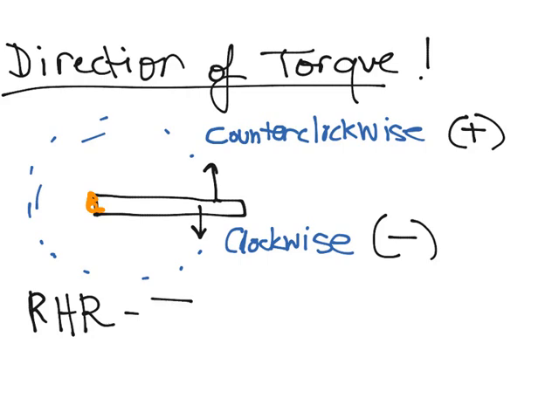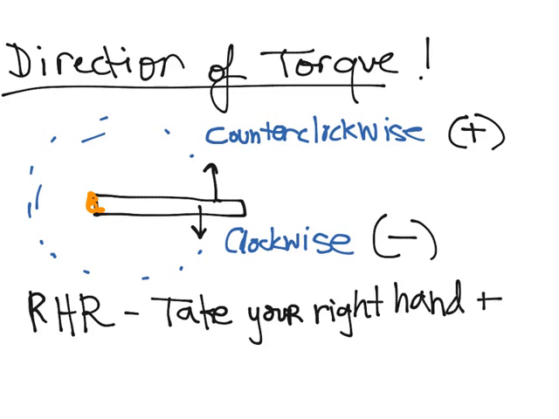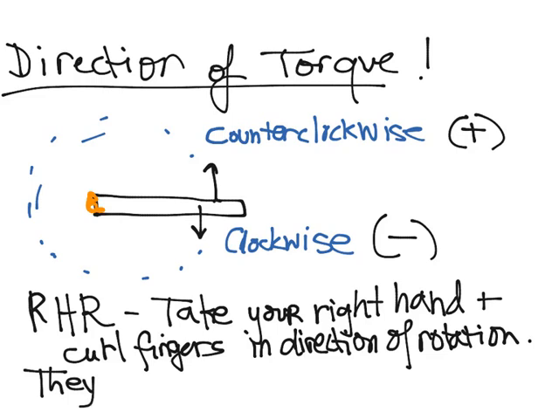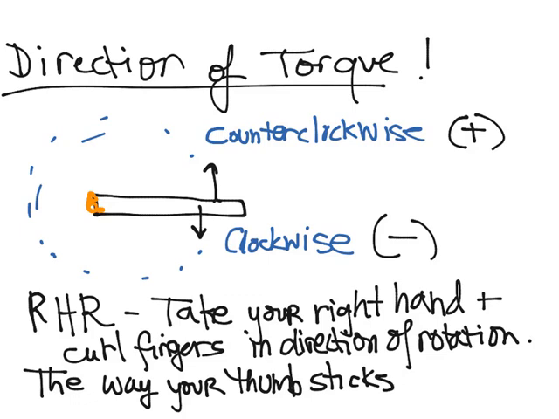You take your right hand and curl your fingers in the direction of your rotation, and the way your thumb sticks out tells you the direction of the torque.